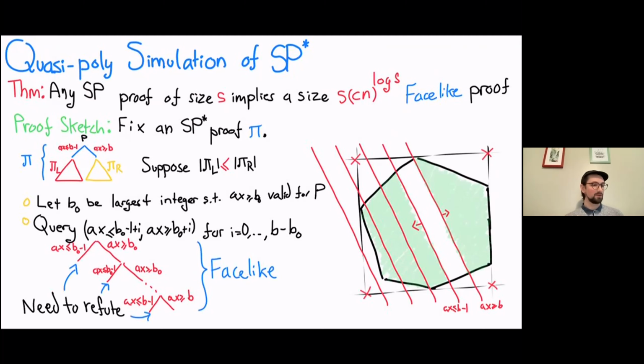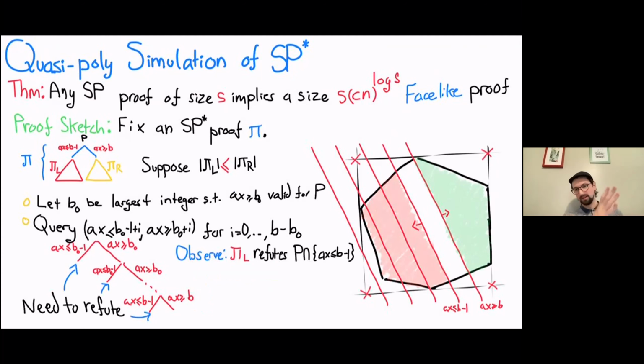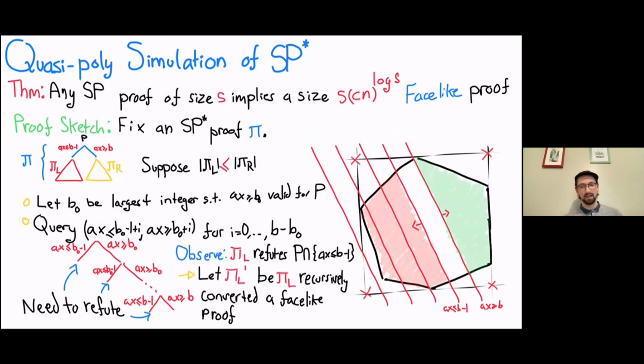Okay, so how can we do this? Well, observe that pi L refutes everything in the left-hand side of the stabbing planes proof. So it refutes all of that, so we can just use this. So we're going to let pi L prime be the refutation pi L obtained by recursively converting it to a face-like proof by just doing the process we're doing now.